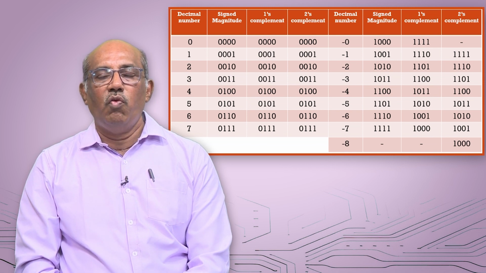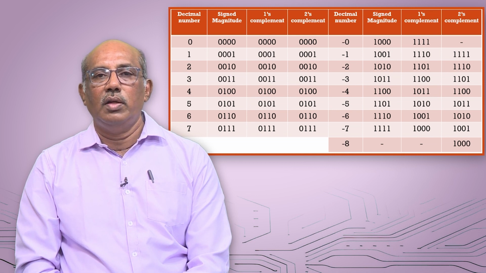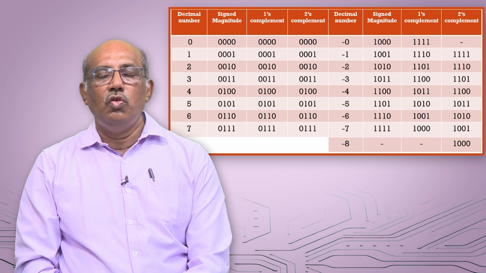Similarly, in 1's complement form, minus 0 is represented as 1 1 1 1, whereas in 2's complement form, plus 0 and minus 0 are both represented as 0 0 0 0.